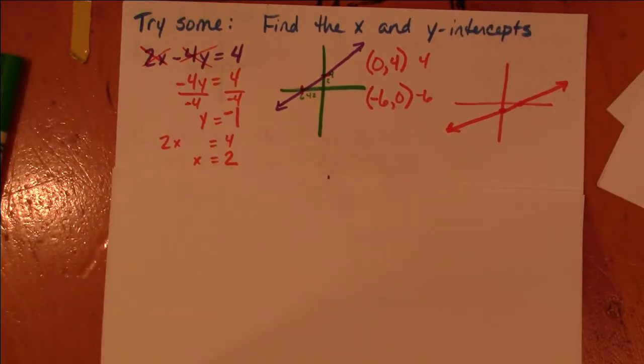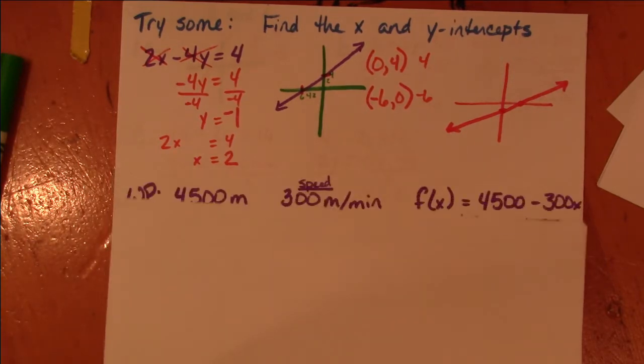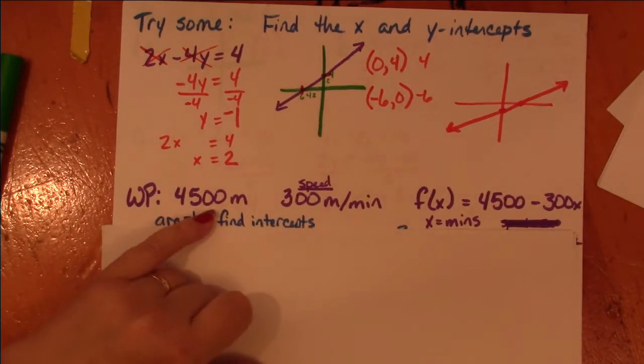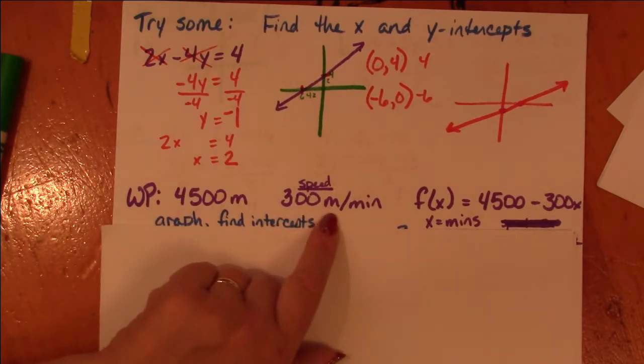What does this look like in a word problem? On page 308, the Sandia Peak Tramway in Albuquerque, New Mexico travels a distance of about 4,500 meters to the top of Sandia Park. Its speed is 300 meters per minute.